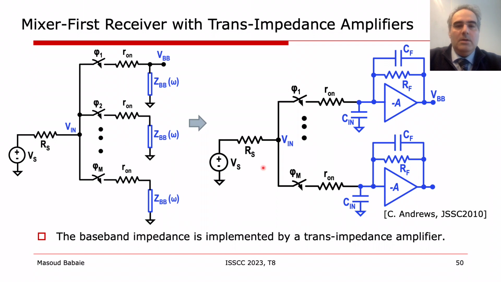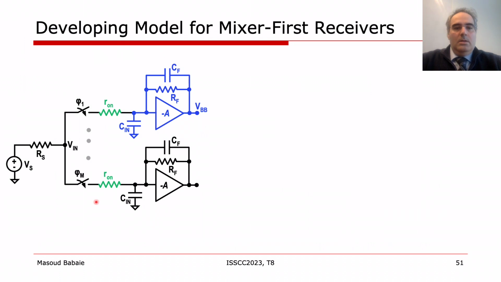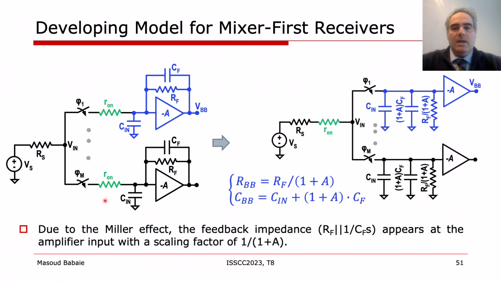The antenna is also modeled with a voltage source in series with a source impedance of Rs. Since only one of the switches is on at any moment, we can remove all R-on resistors in the baseband ports of the mixers and put one R-on resistor at the input port of the receiver.